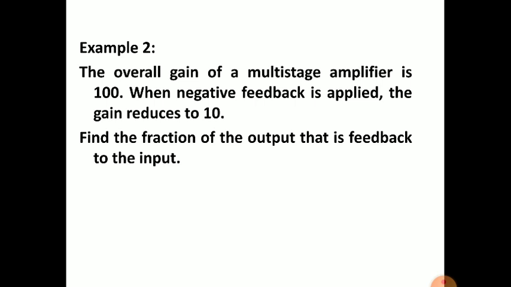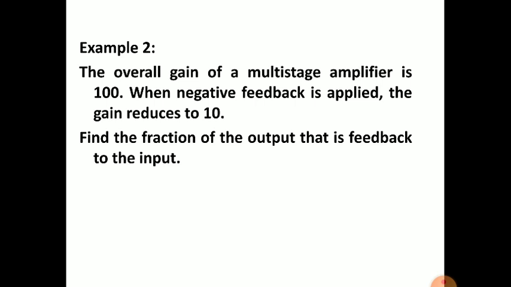So here directly they have given AF is equal to 10 and A is equal to 100. So what is the term that we don't know in that formula with these substituted values? That is beta, the feedback fraction. It is asked in the question: find the fraction of the output that is fed back to the input.